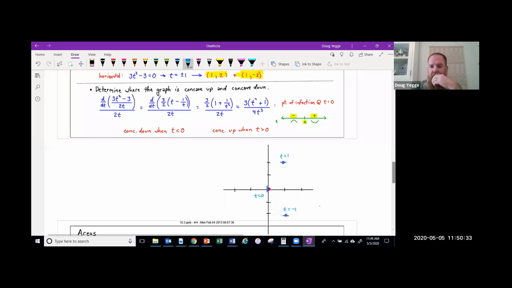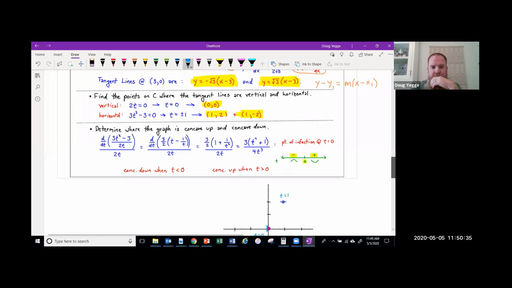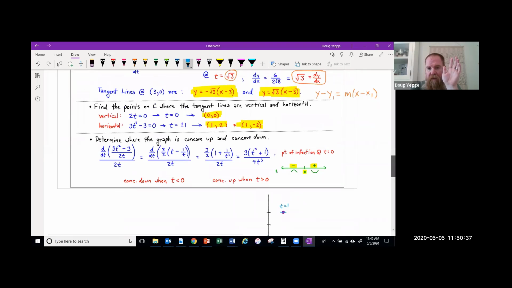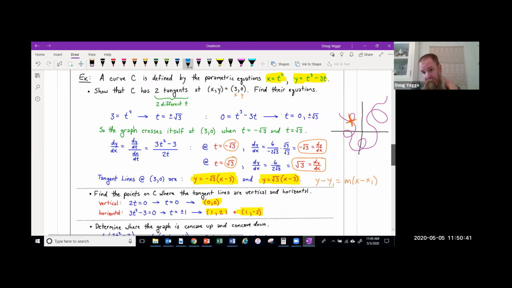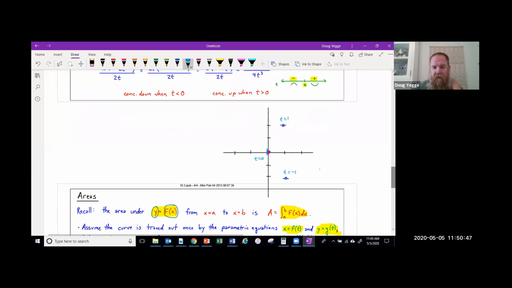Everybody okay with that? Or is that right? So when I plugged in 1, I got negative 2. So this was actually the opposite. So I went back to find my y coordinates, and it turned out that this was t equals 1 and this was t equals negative 1.